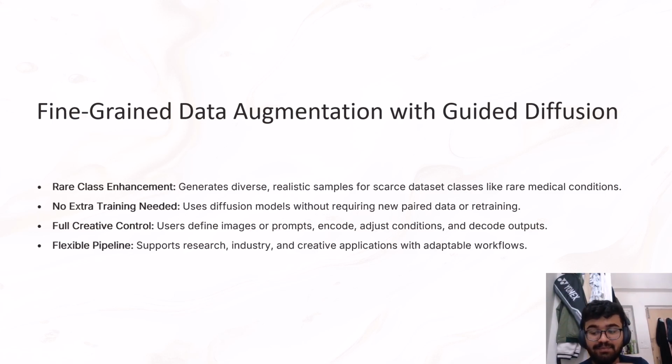Section 4.3's plug and play guidance experiments on low density prompts demonstrate exactly this use case, giving you high quality synthetic data without any training. You can see on the slides that there is no training required, as it uses diffusion models without requiring new paired data for retraining.